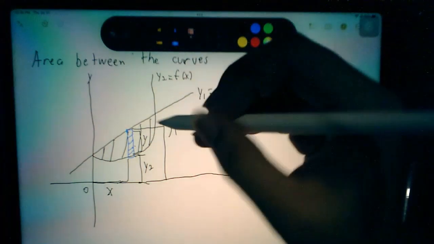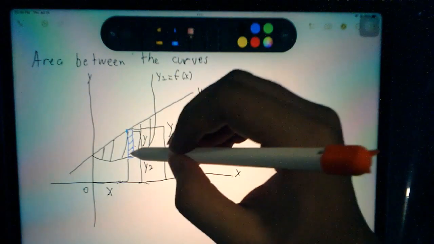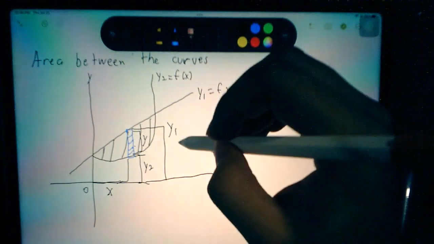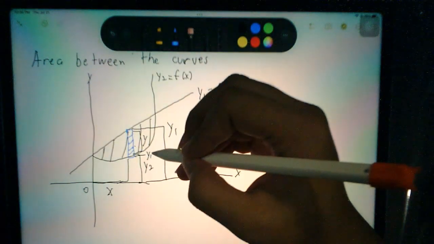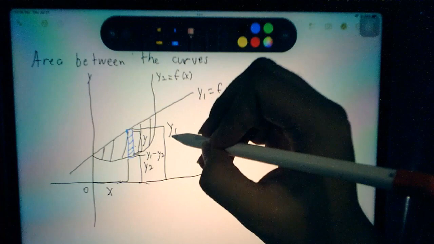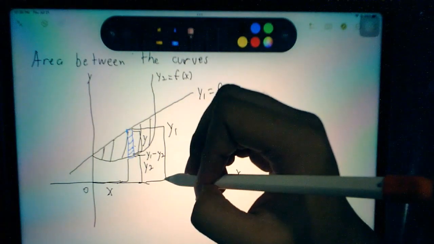Another method is y upper minus y lower, but in this case I will label it as y1 minus y2, since y1 is bigger than y2.